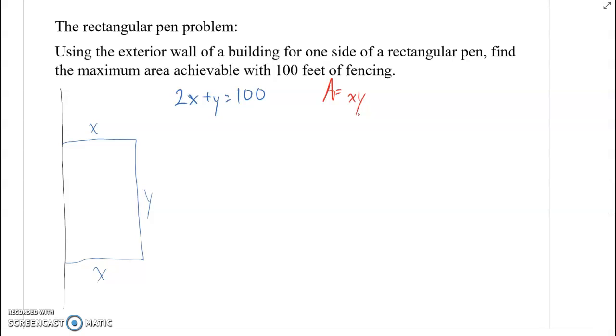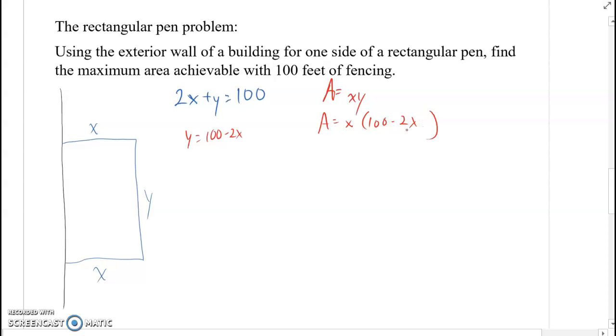And that's A equals a product of two variable expressions, but they're different variables. But that's okay, because we know that y happens to equal 100 minus 2x. So that means that A equals x times y, but if y equals 100 minus 2x, we'll just replace the y with 100 minus 2x.